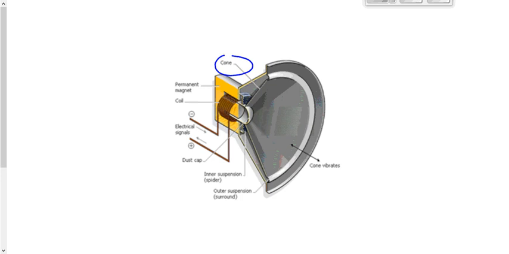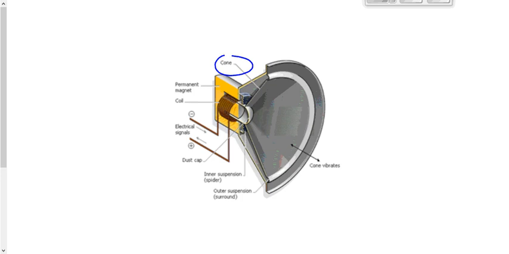And as that happens, if the cone is going towards you, it creates a high pressure zone in the air. If the cone is going away from you, it pulls back on the air and creates a low pressure zone. What is sound? What is sound but varying pressures in air? That's all it is, right?